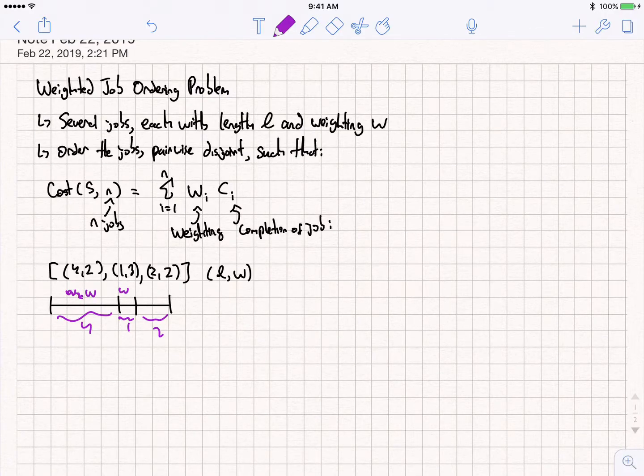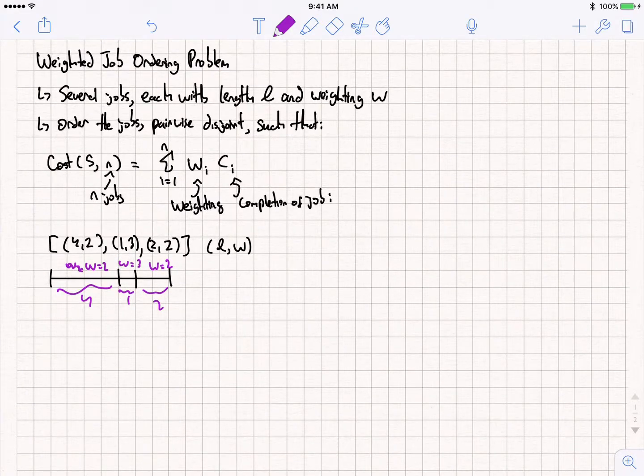My subscripts are bad because it's going to be confusing later on. So we have those weights. Naturally we get 4 times 2, plus (4 plus 1) times 3, plus (4 plus 1 plus 2) times 2.